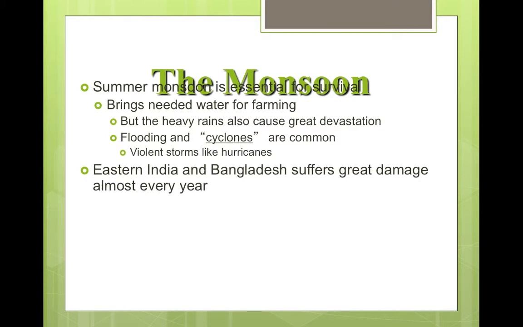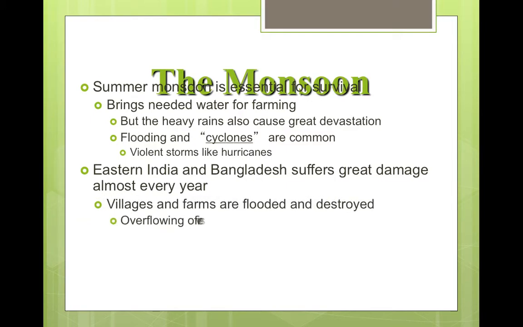Eastern India and Bangladesh suffer from damages almost every year. And again, it's a third world country. They don't have the best infrastructure, things like buildings, roads, and transportation systems like we do. So it's always hard for them to lose what little they might have. Villages and farms are flooded and destroyed.